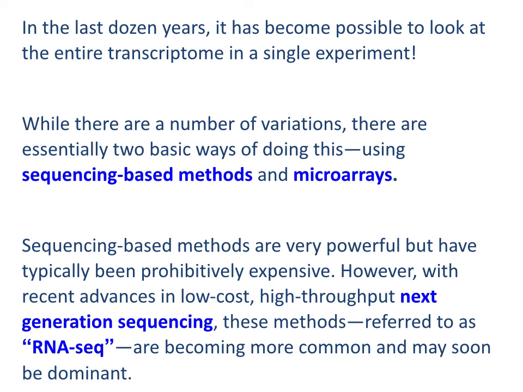You could look at those cells and say, okay, this is being turned on now. You could then go a week later and see which genes are now being turned off and which are being turned on. There are a lot of different combinations of genes that can be turned on and off.